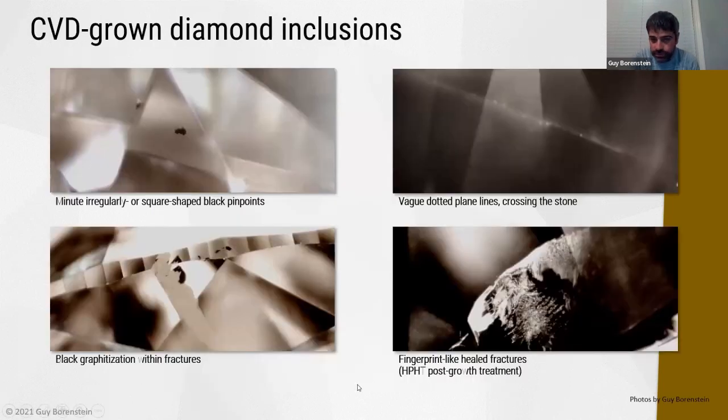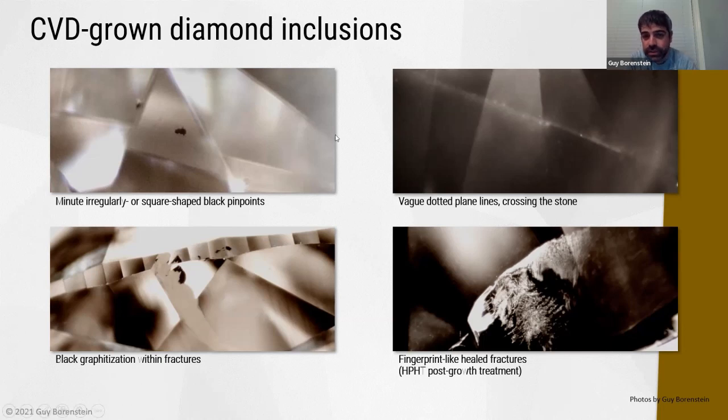CVD-grown diamonds can show us a different type of inclusions. Mainly they show minute black crystals that could be irregular in their shape or square. Sometimes you will see them also inside a fracture, graphitizing the fracture from inside.